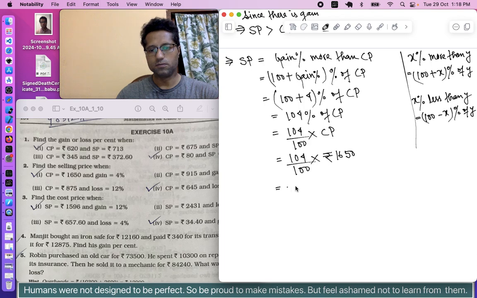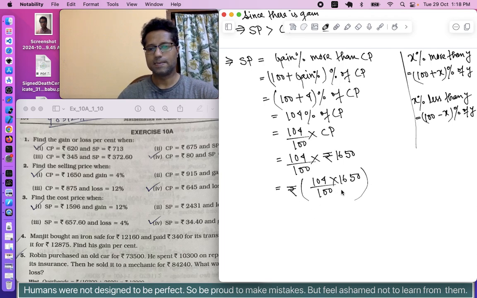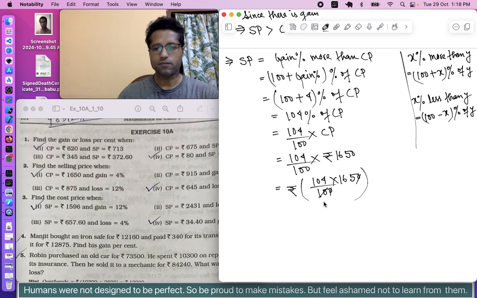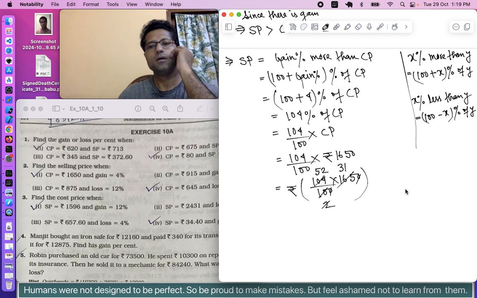This is equal to rupees 104 divided by 100 multiplied by 1650. Okay, so 0 cancels out, and 5 2 5, 31 and 2, 52.